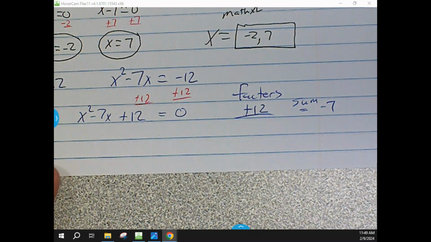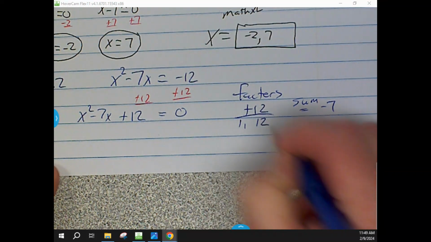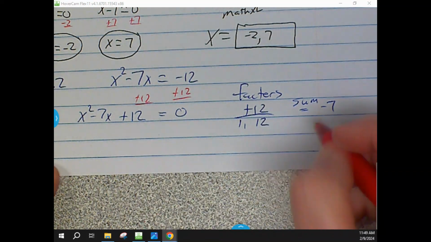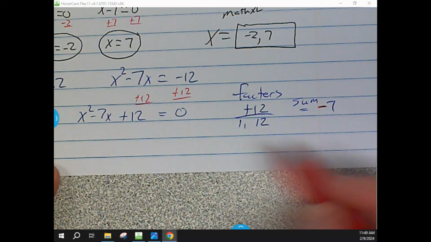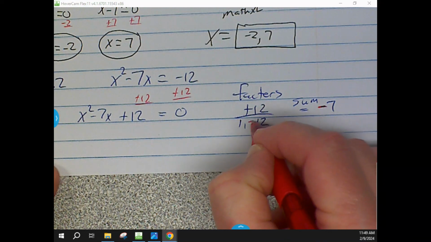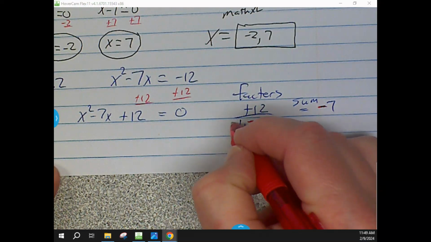Now a lot of people just jump out and say, oh, well, that's going to be 3 and 4. Well, maybe, maybe not, because you've got to be careful with the signs as you go through some of these. If you go through your factors, if we start with 1 and 12, the sum is negative 7 for the b term, which means that negative goes on the bigger number. If you multiply a positive 12 and a negative 12, you're going to get a negative.